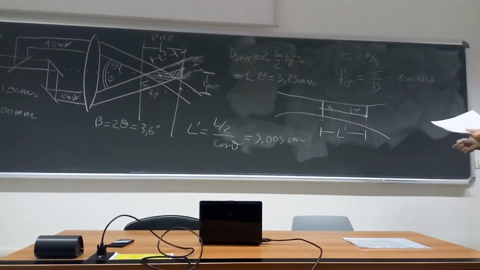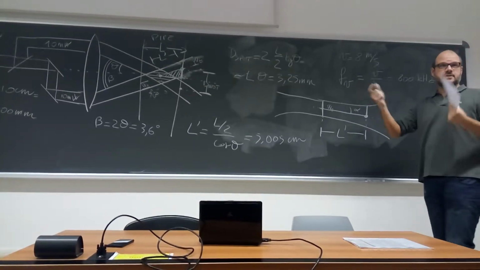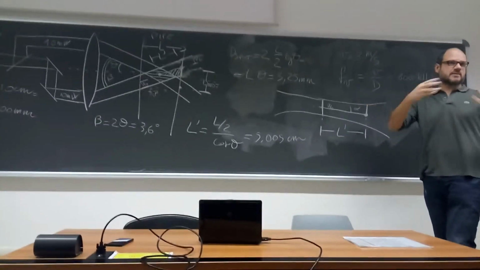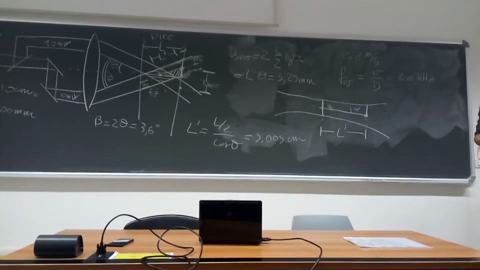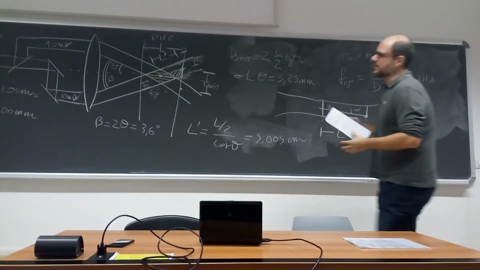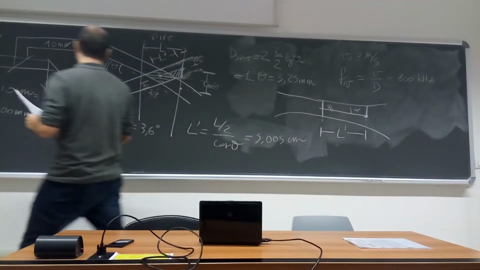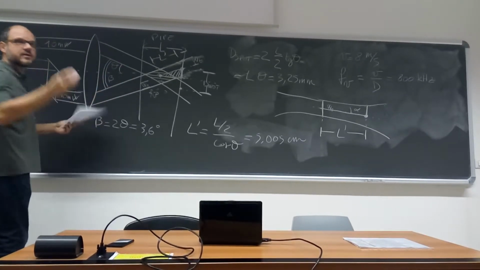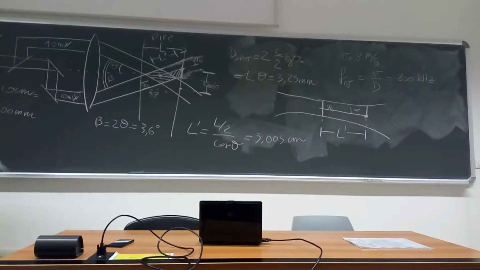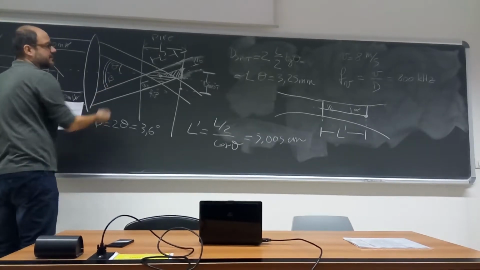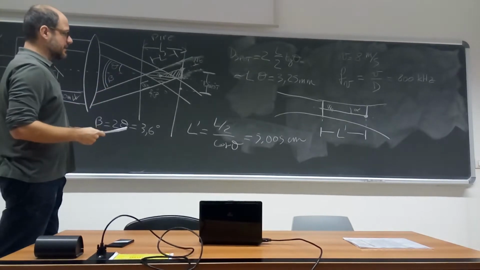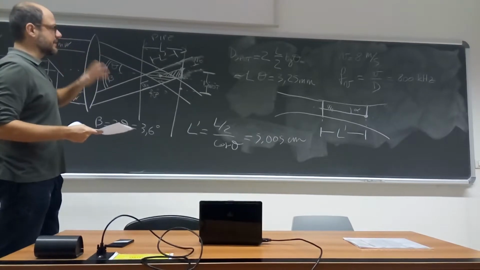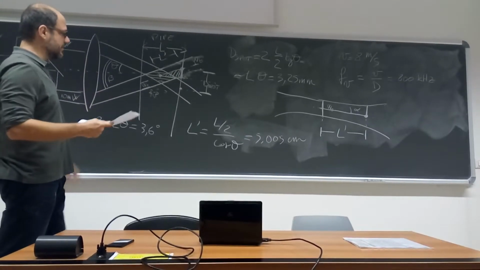Probably in some exercise you have a range of velocity, so you have to find the minimum and maximum frequency. Sometimes you have the diameter of the lens and then you have to find the angle, but sometimes you have directly the angle. This is all that you can find on laser Doppler velocimeter.